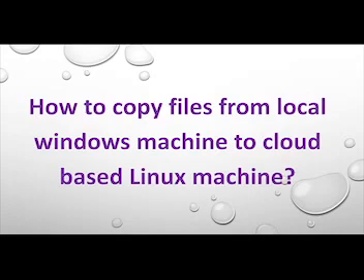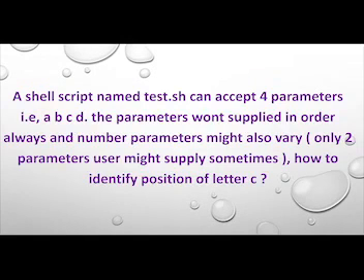Okay. So my next scenario is, let's say I have one script named test.sh, and it accepts 4 input parameters, with values like A, B, C, D. The order of these input parameters we don't know; it might be the same or sometimes varied.